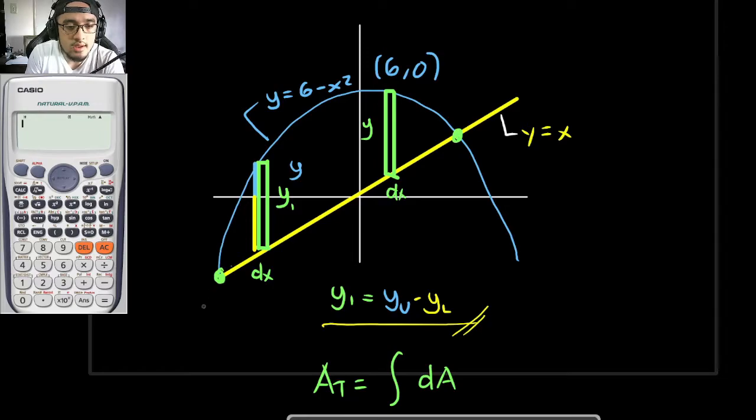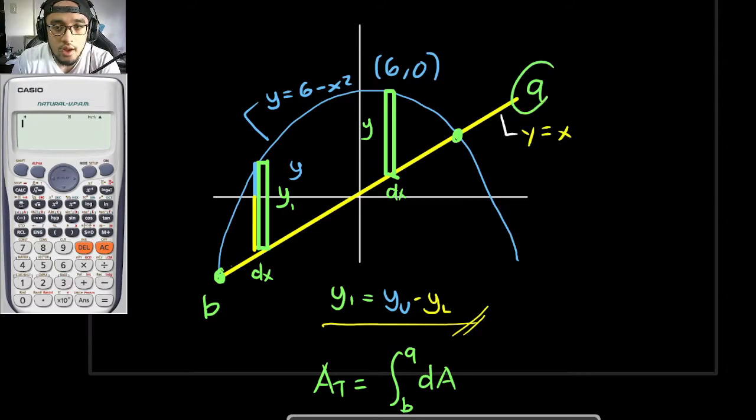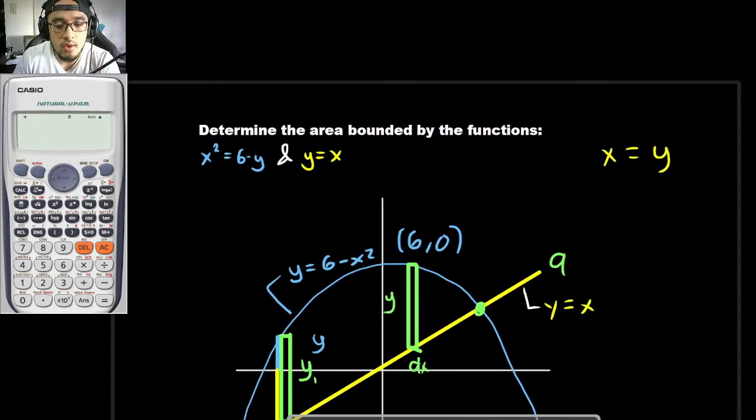So let's say that this is to be b and this is to be a. So from b up until a. Okay, so let's determine the value of our a and our b. So what we would be doing here is that we would be equating both of these functions right here for us to get these intercepts right here. Okay, so I would just be copying this to the next slide.